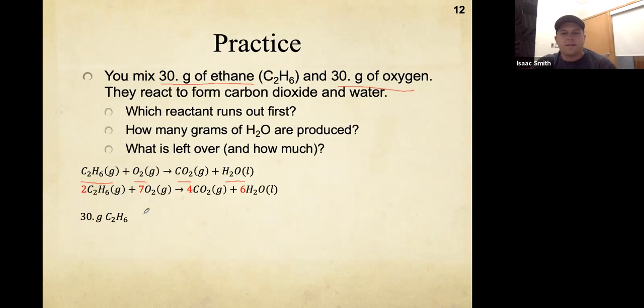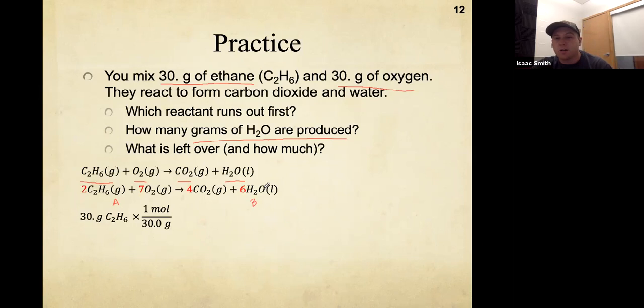Start with grams of ethane, convert to moles of ethane. Right, we're going from grams of ethane over to grams of, what are we doing? Oh, water. The second question asks how many grams of water are produced. So we're going to convert from grams of ethane to grams of water. In this case, we could call the ethane A, and we could call water B if we're looking at that map that I produced in the last lecture.